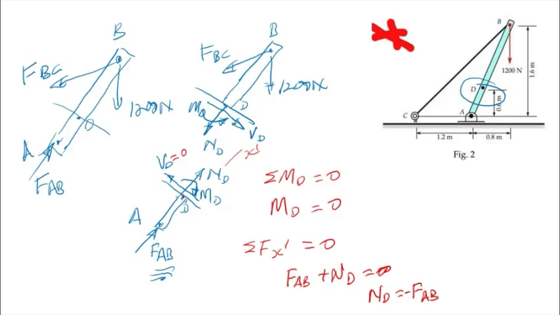So that we get ND. If you go using the top diagram, which is from B, you will have a longer equation, because you have FBC and 1200 newtons, which are not in the same direction. And to find ND, VD and MD, you cannot simply say VD is 0, because you don't know the effect of these two, FBC and 1200 newtons, on the direction of BD. So you have a longer equation to solve that problem.